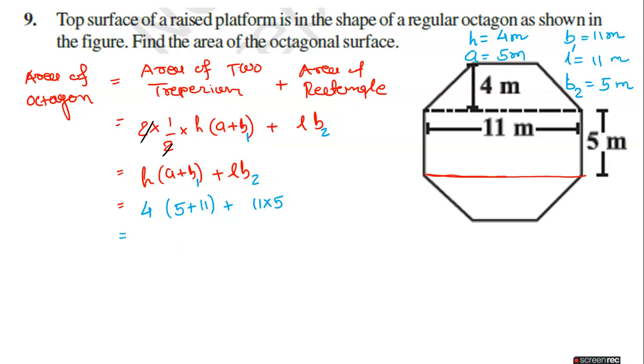Just so easy. 11 plus 5 is 16, so 4 into 16 plus 11 into 5, 55. 64 plus 55 is 119 meter square, that is the answer. Clear?